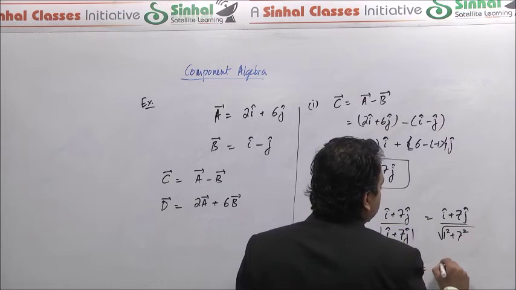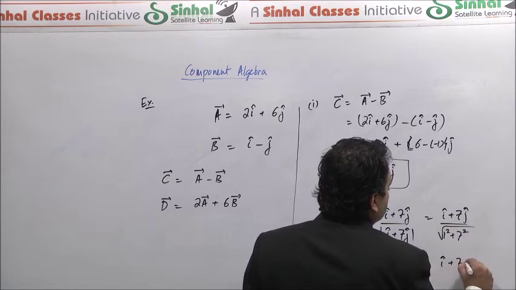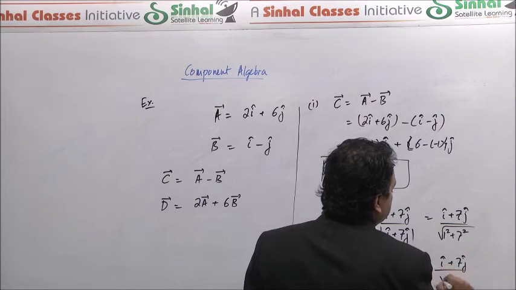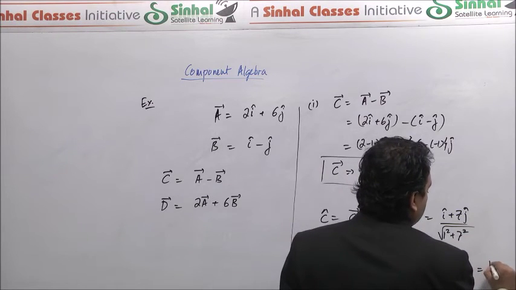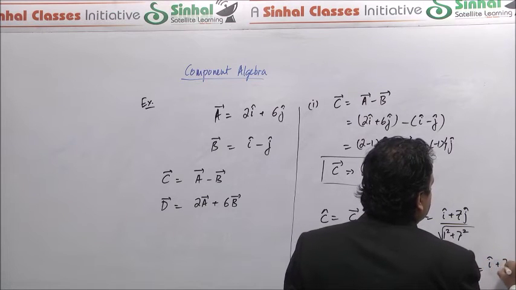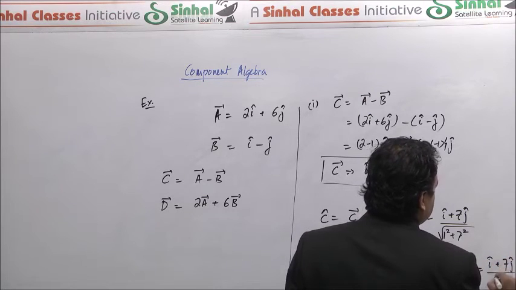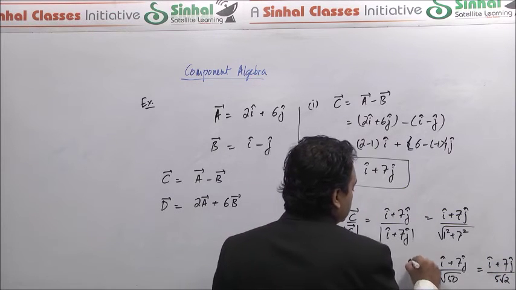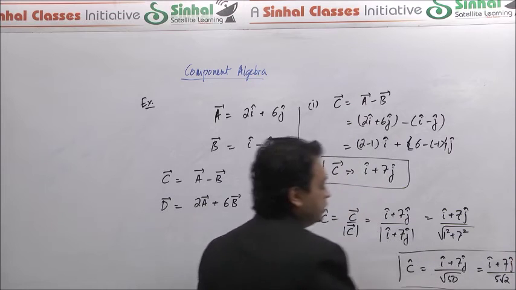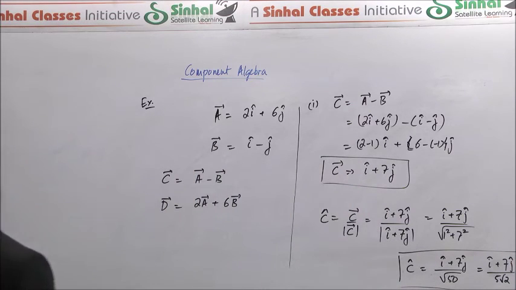As you can see, it becomes i cap plus 7j cap divided by square root of 50, or i cap plus 7j cap divided by 5 root 2. So that becomes the unit vector of C. Alright, so just analyze this once.